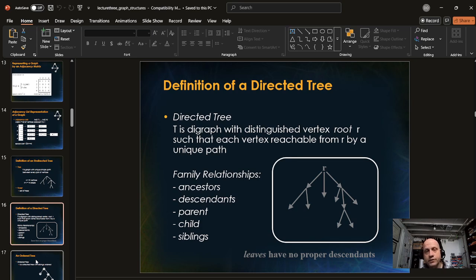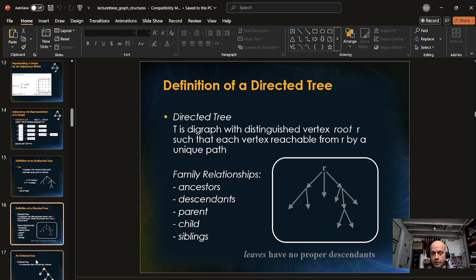So here we have a definition of what we refer to as a directed tree. A directed tree is viewed as a digraph with a distinguished vertex, the root R, such that each vertex is reachable from R by a unique path. So this is following just visually what we know and understand in the context of our earlier implementations of a tree and how it typically exists.